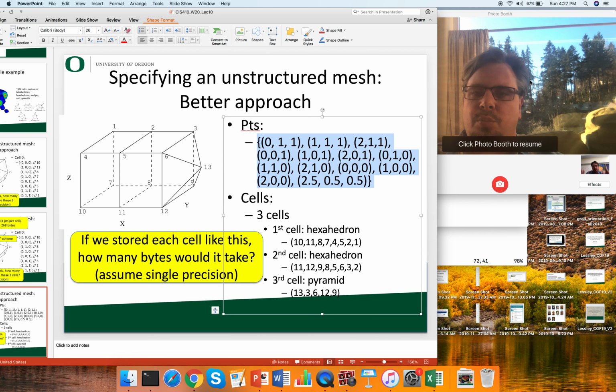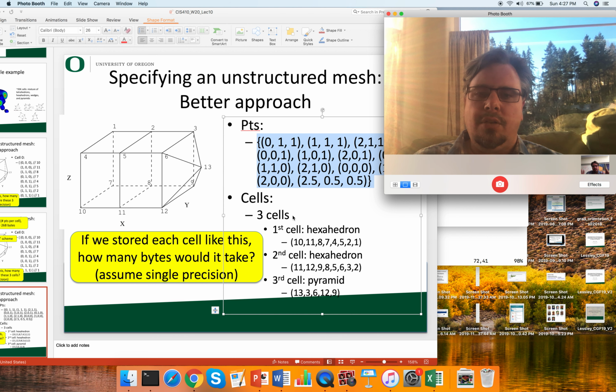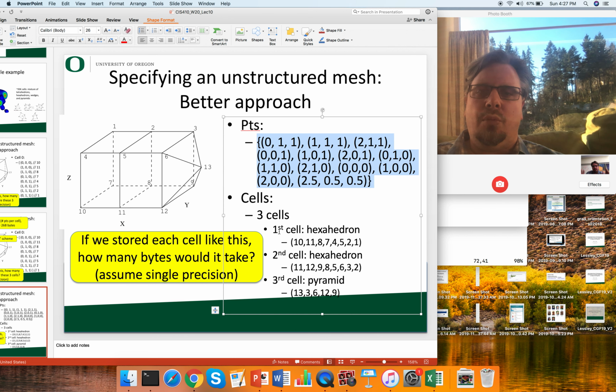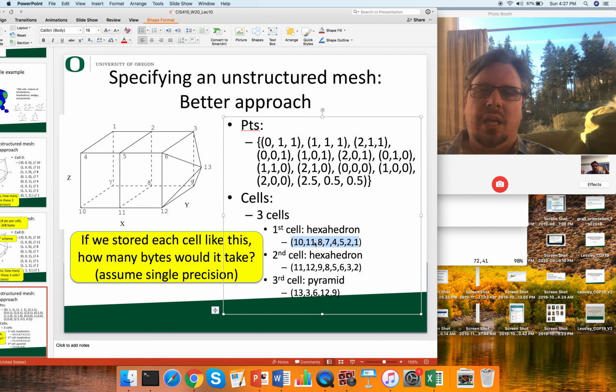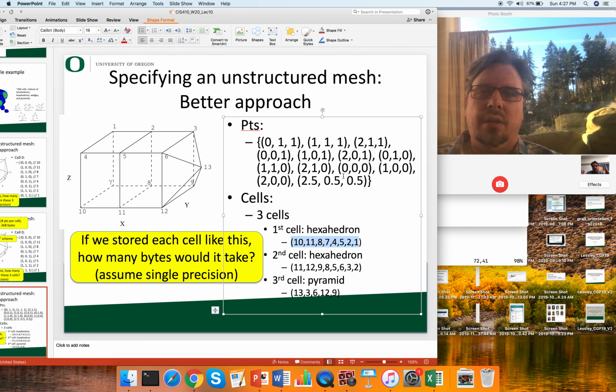And then for each cell, rather than saying it's a hex and then giving 24 values, we instead only give 8 values, and it's the offsets, the locations within this list of points. So I could describe the first cell, the hexahedron, as made up of points 10, 11, 8, 7, 4, 5, 2, and 1.